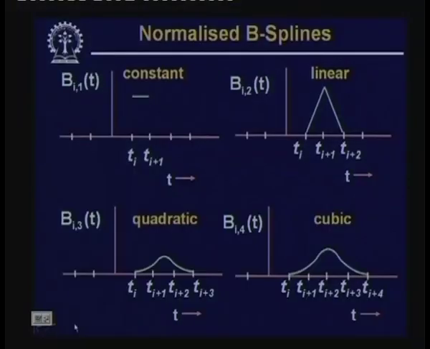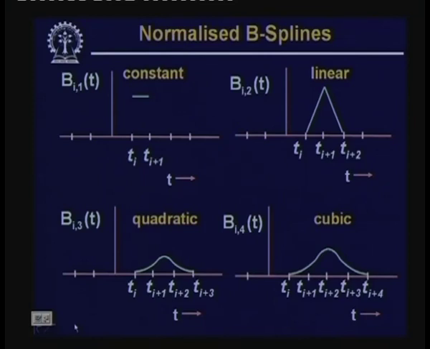And pictorially these different values of b_i^k, for k equal to 1 it is a constant, for b_i^2, that is for k equal to 2, it is a linear function, for k equal to 3 b_i^3 is a quadratic function, and for k equal to 4, that is b_i^4, it is a cubic equation.